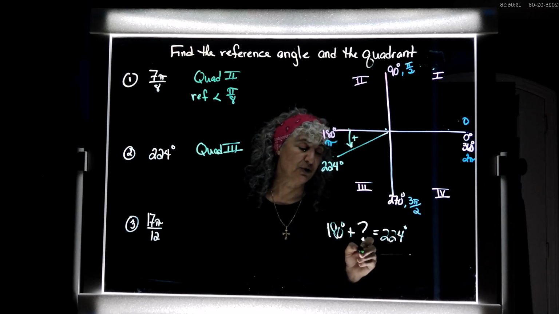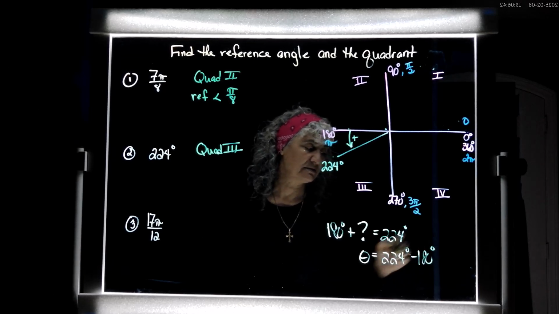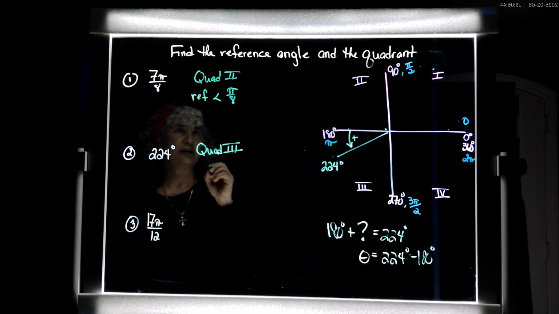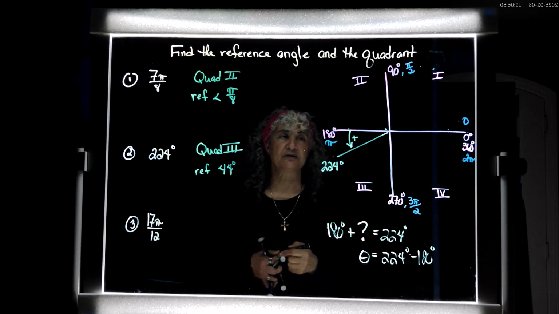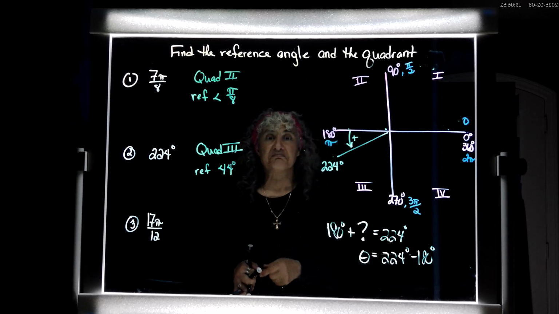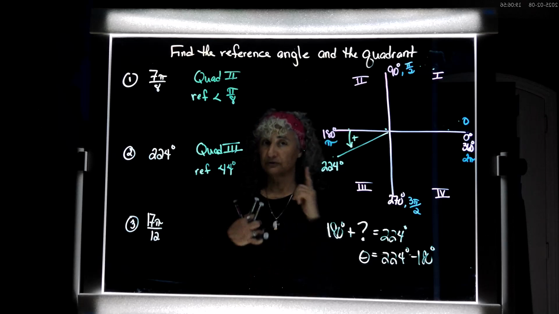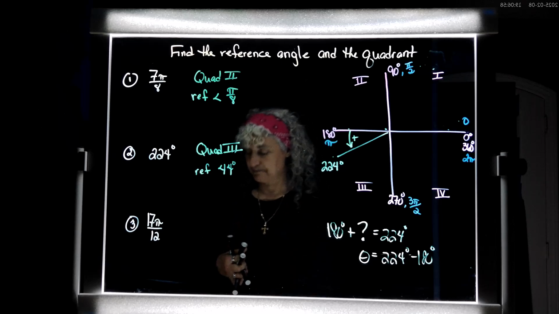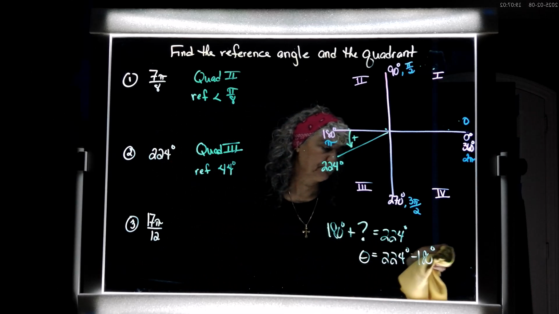And so your angle, how about we just call it theta, is 224 degrees minus 180 degrees. Okay, what do you get? 44 degrees. You're like, that's not a usual reference angle. That's okay. Sometimes you get oddball reference angles. Good enough. Good?